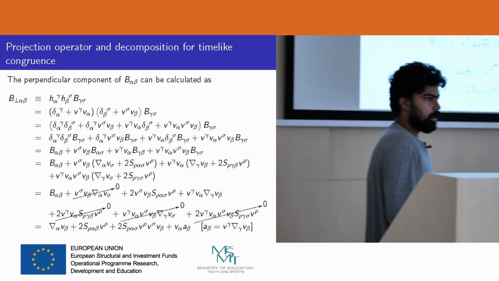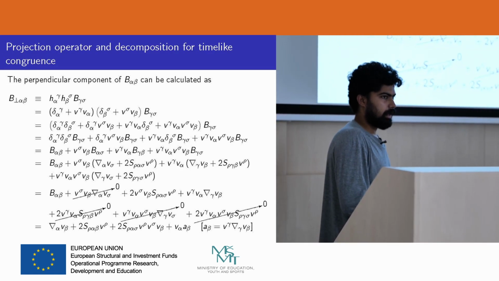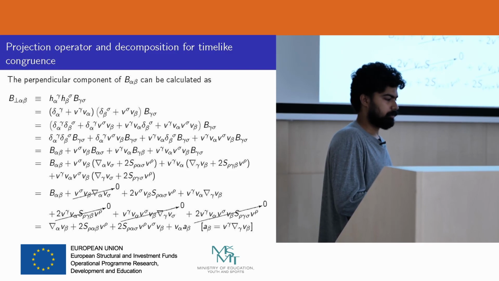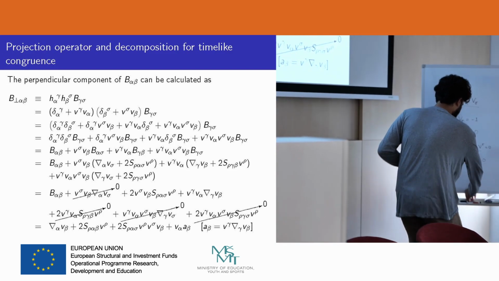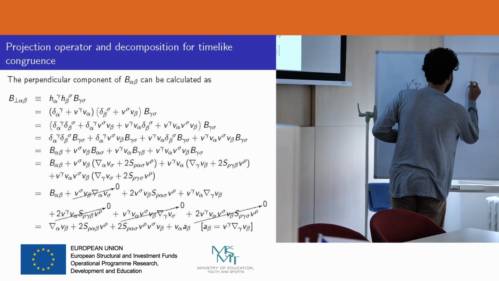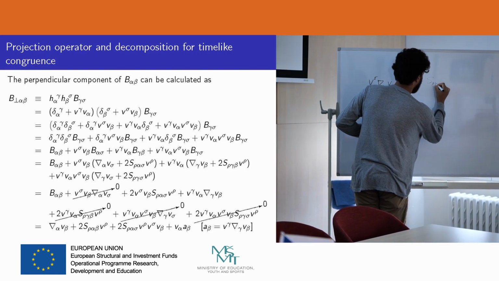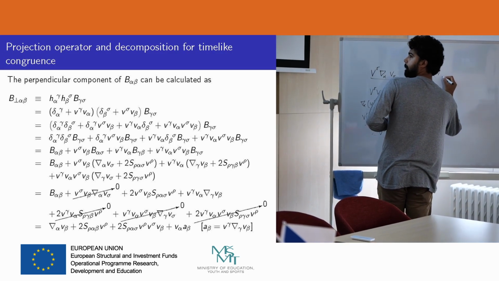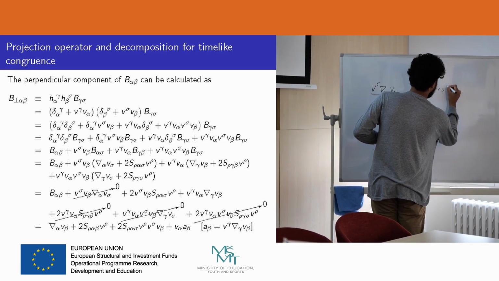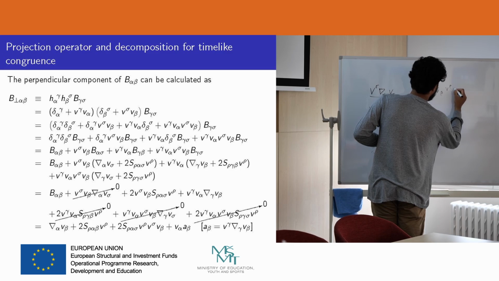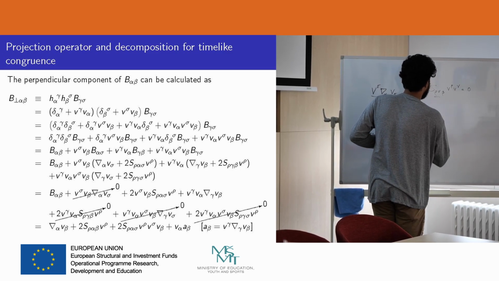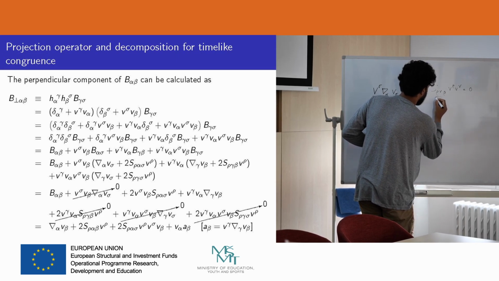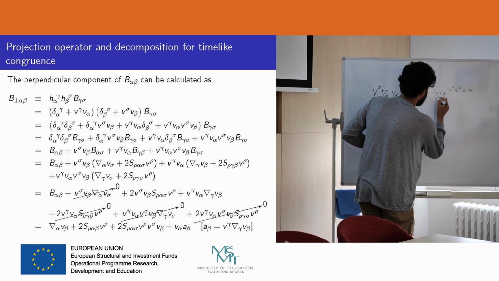So when we have antisymmetry in some indices and then we contract, it means that S rho gamma beta V rho V gamma is 0 because we have this antisymmetric property in these first two indices.